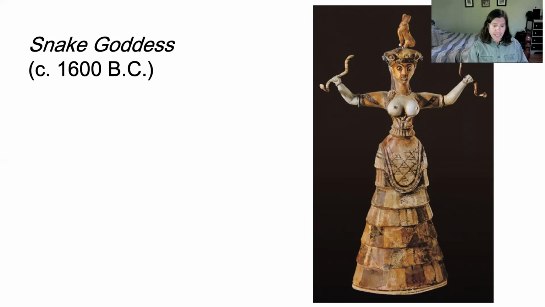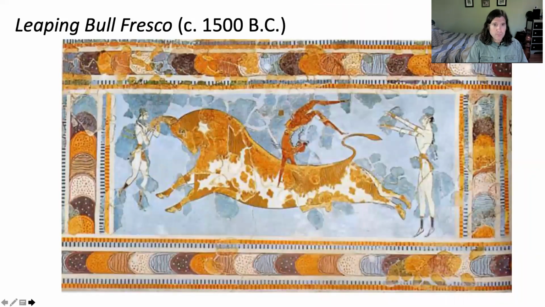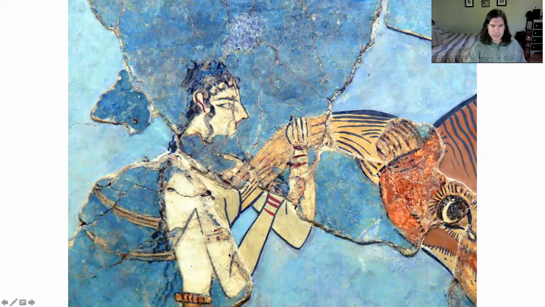I do want to look at one other work of Minoan art, the Leaping Bull fresco. One of the things that really stands out, especially if you look at a close-up, I think I have one for you here. Yes, I do.